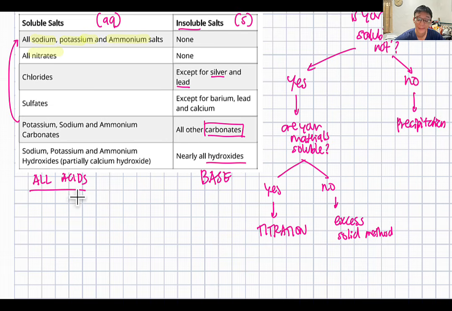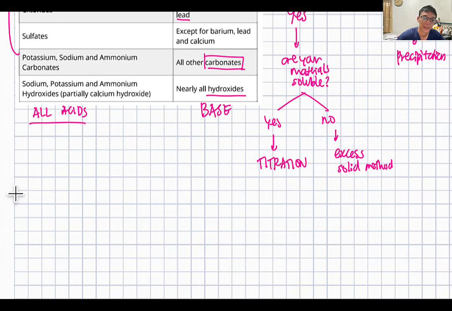Now, let us discuss creating an insoluble salt first. Let's say that I want to prepare barium sulfate salt. Before I prepare the solution, or the materials, or even touch the glassware, I need to check whether barium sulfate is soluble or insoluble.